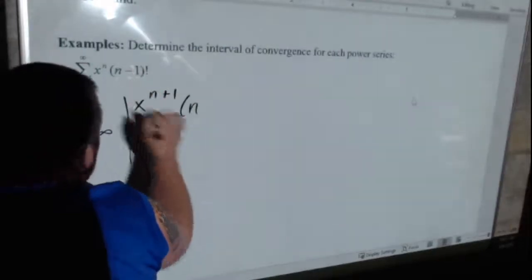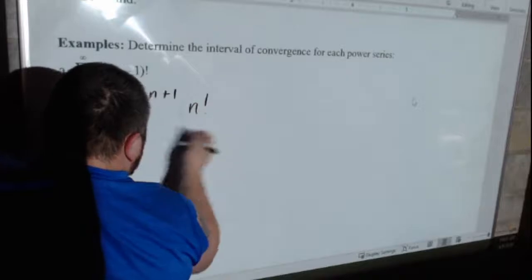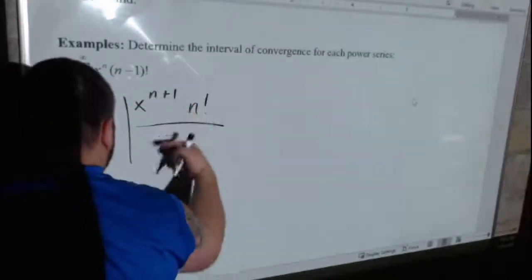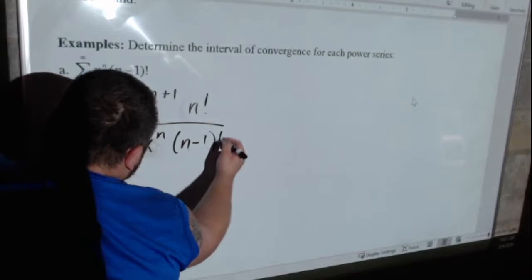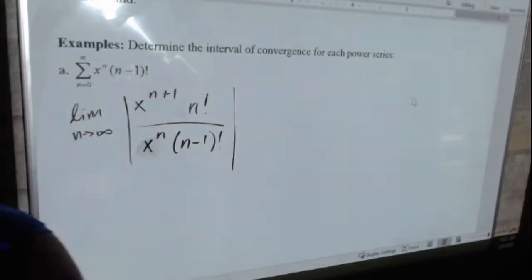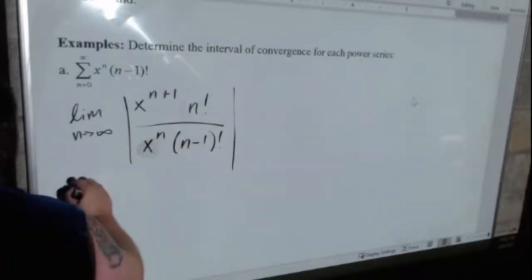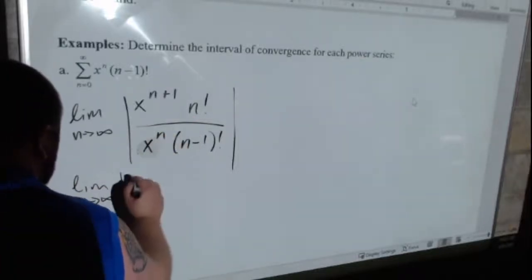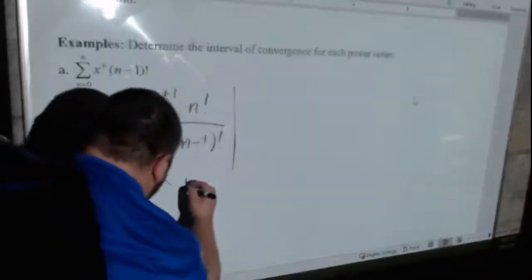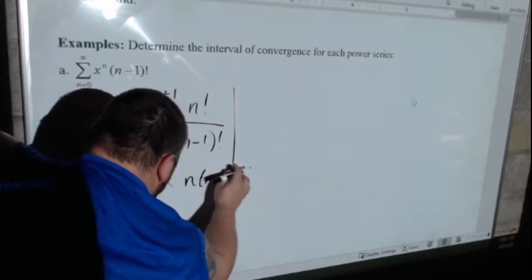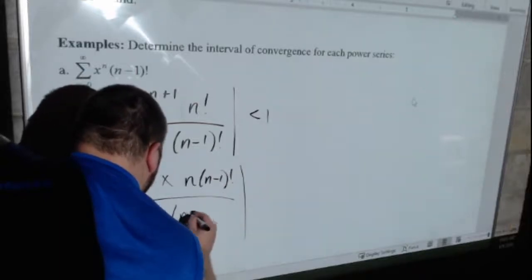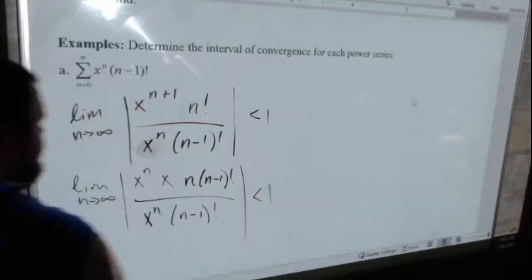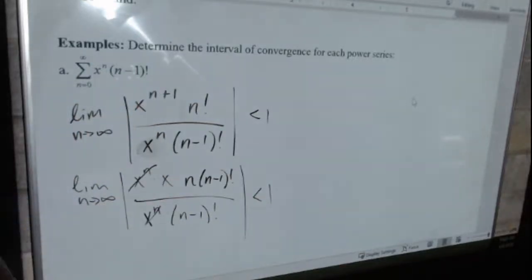We've already got a minus 1 in there. Just becomes n. And then we would divide by the original. We'll have to reduce n factorial. So x to the n cancels. n minus 1 factorial cancels.